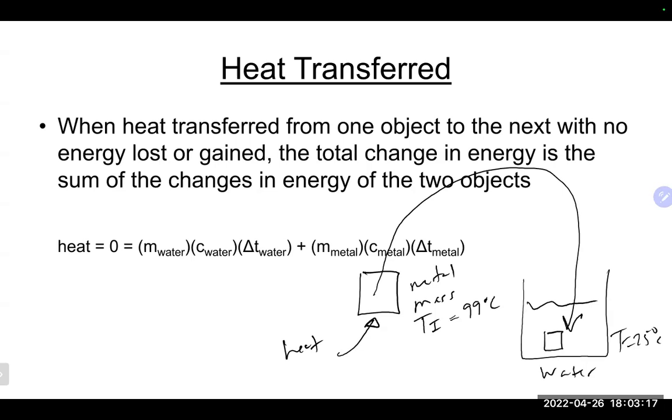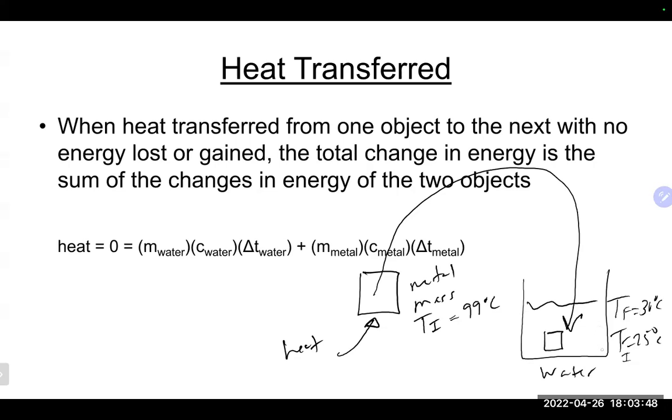what is going to happen is the metal is going to release energy. It's exothermic in terms of the metal. The water is going to gain all that energy, so it's endothermic for the water. Eventually, this piece of metal will come to rest at a final temperature, we'll just call it 30 degrees Celsius.